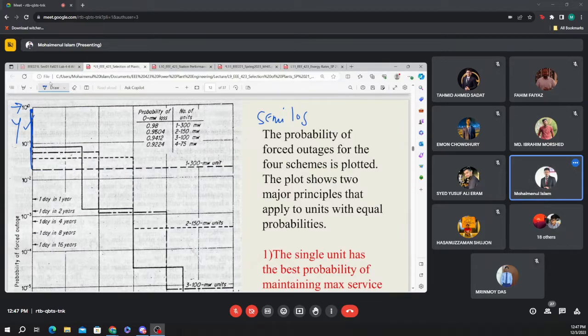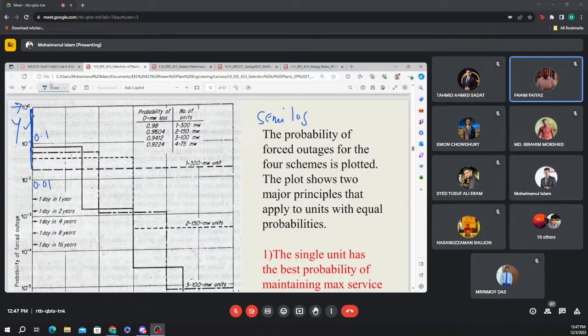What is the value of 10 to the minus 2? 1 by 100, which is 0.01. And 10 to the power minus 1 is 0.1, right? Am I right?